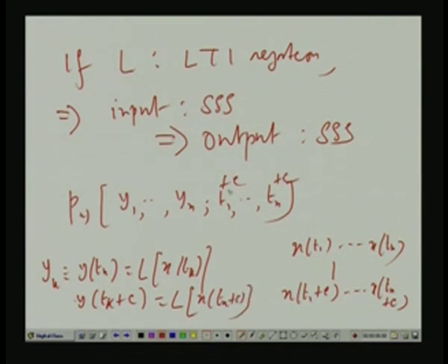So when you have t1 plus c, ..., tn plus c, the corresponding joint density again depends on the joint density of x of t1 plus c, ..., x of tn plus c. But because of the strict sense stationarity of the input, that statistic will not be different from the earlier one when the constant shift c was not applied. Obviously, in the output case also the two densities will be the same, and you get strict sense stationarity.